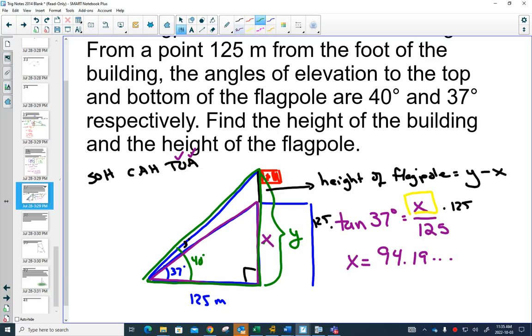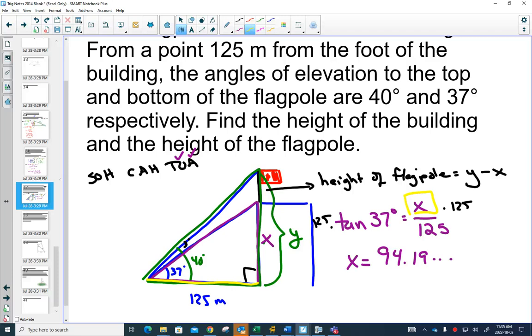Go to my green triangle. Can you see that you can already solve for the green part? Okay? It was kind of nice. Do you see that when you have two triangles like this, what's the side that's shared? This is the side that's shared between those two. And it was kind of nice in this question that that was what was given to us already.